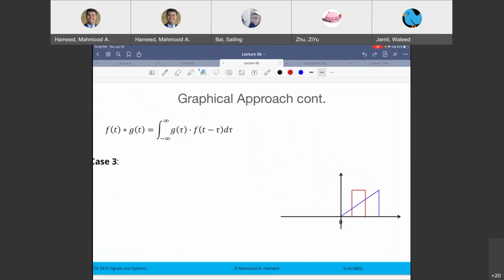Oh, wait. Right? Yeah? Now, here, what are the limits on the t? Range of t?